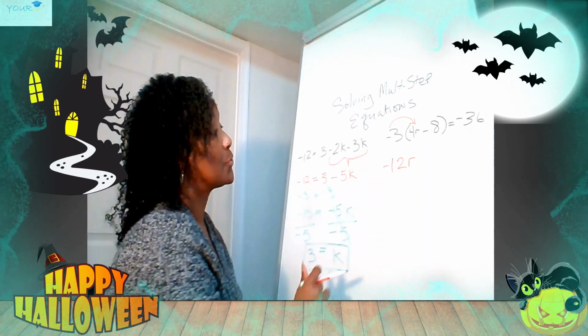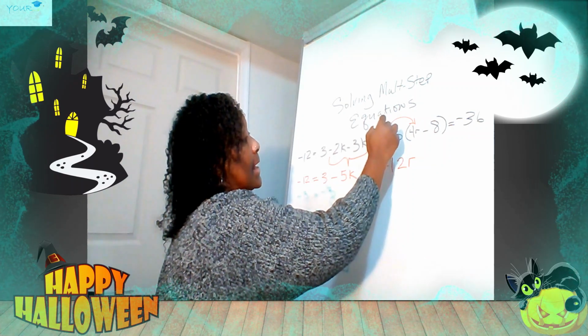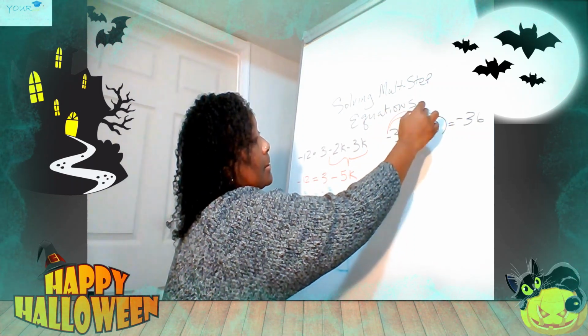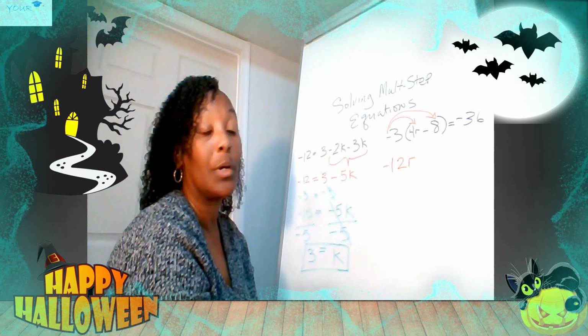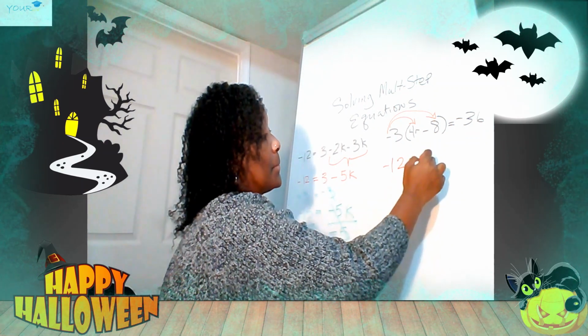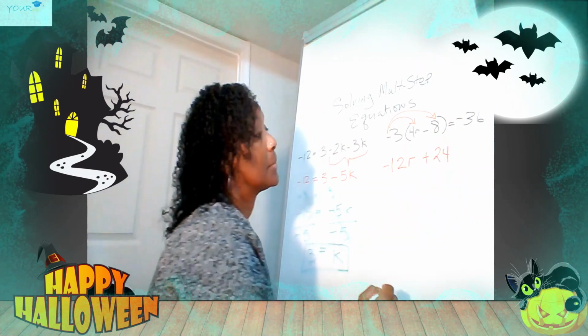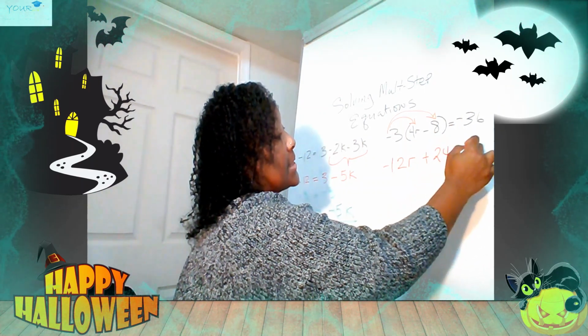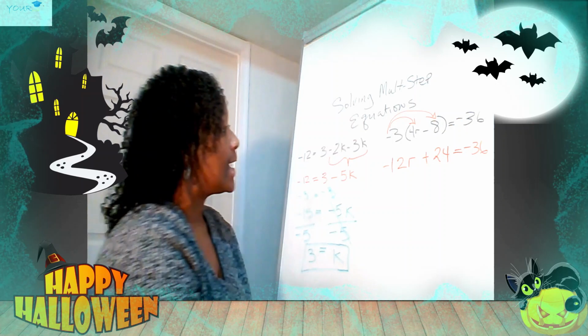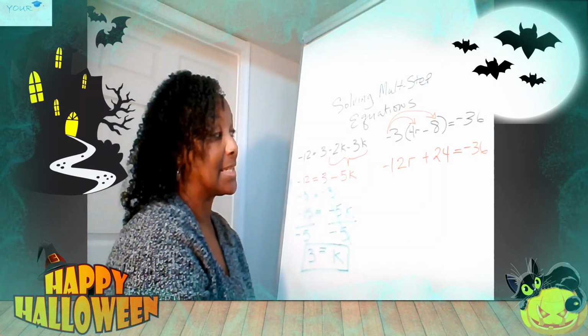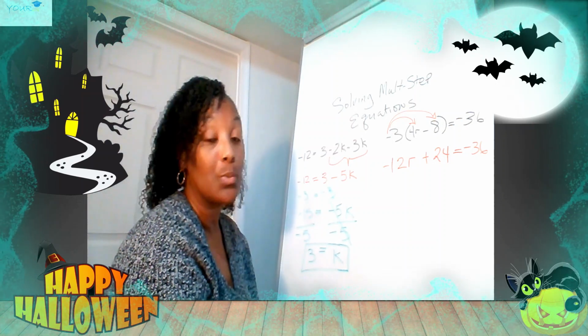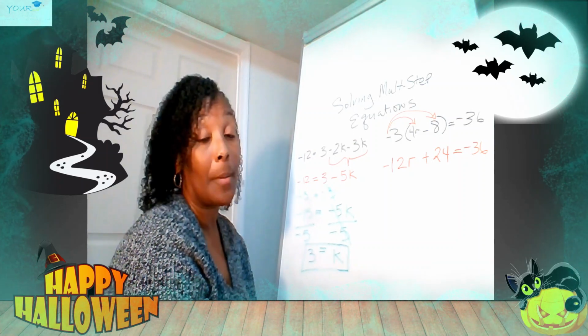Now I'm going to distribute my negative 3 times a negative 8, which will give me a positive, because I have two negatives, 24, equals negative 36.